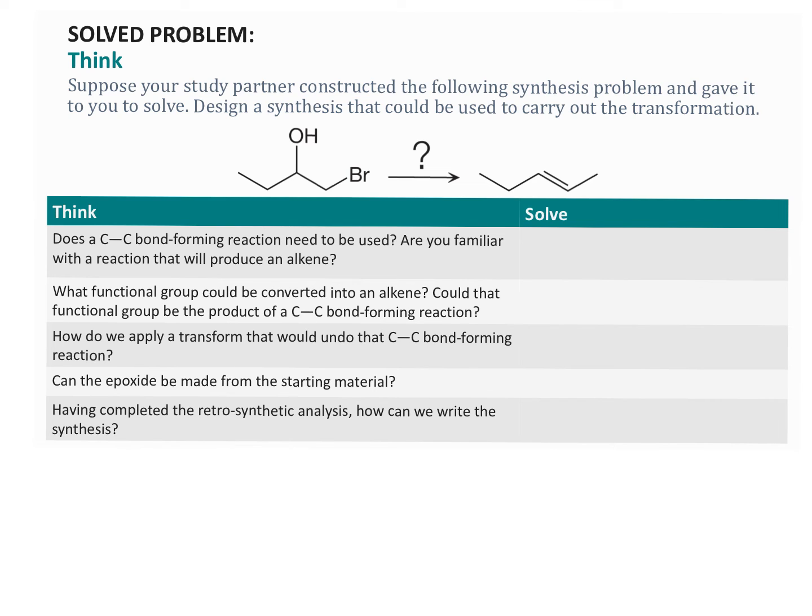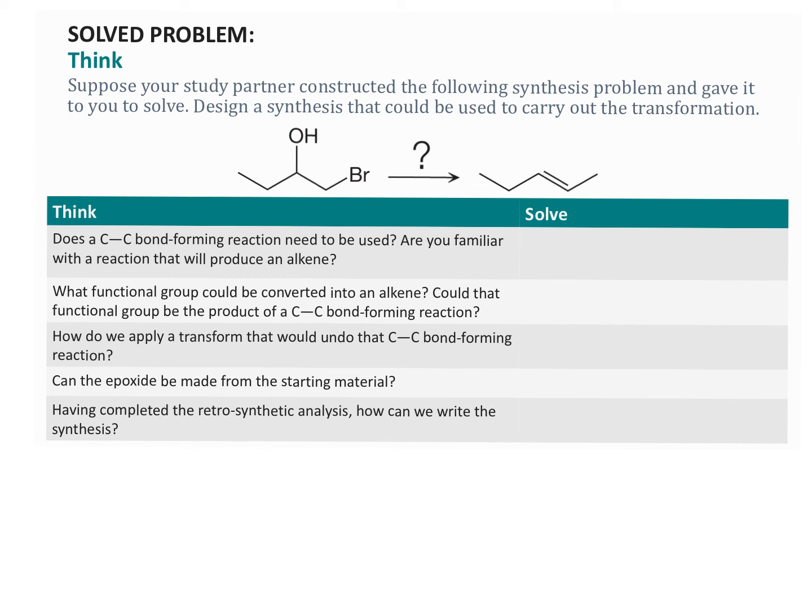But at this point, we haven't learned a reaction that'll produce an alkene. Okay, so let's hold on to that for a second. Now, what functional group could be converted into an alkene? So we have an OH here and a Br here, and we're asking ourselves, what could we convert into an alkene here? An alkene can be produced from an alcohol.